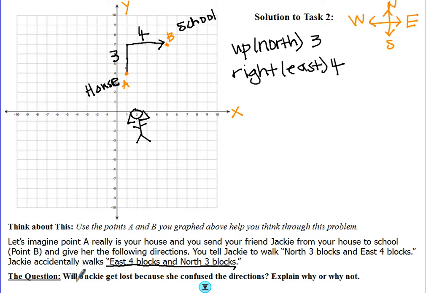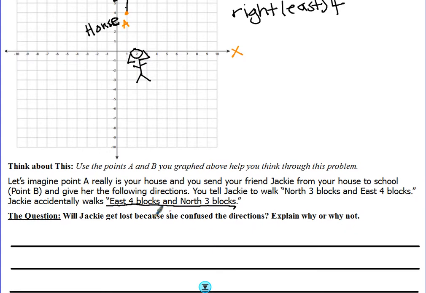And the question is, will Jackie get lost because she confused the directions? Explain why or why not. So you told Jackie to go north 3 blocks and east 4 blocks. But Jackie accidentally went east 4 blocks first and then north 3 blocks. If she goes this way, is she going to get lost?